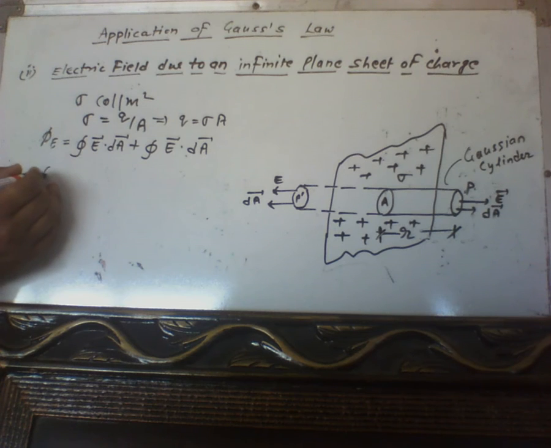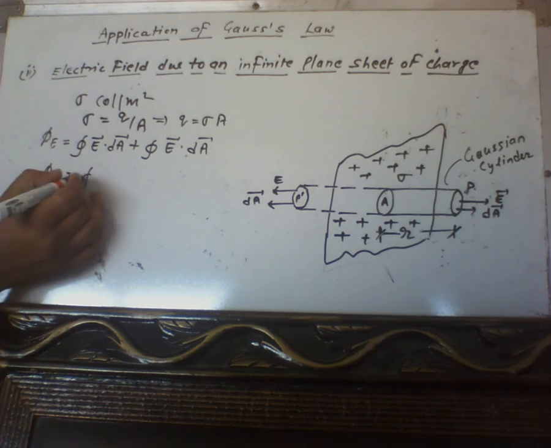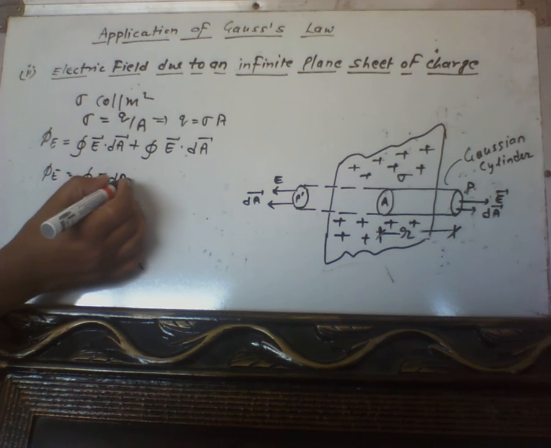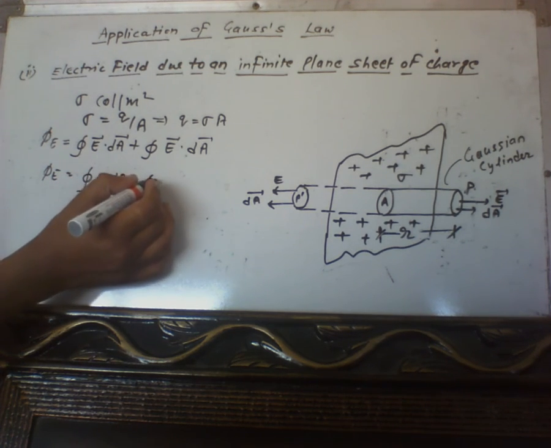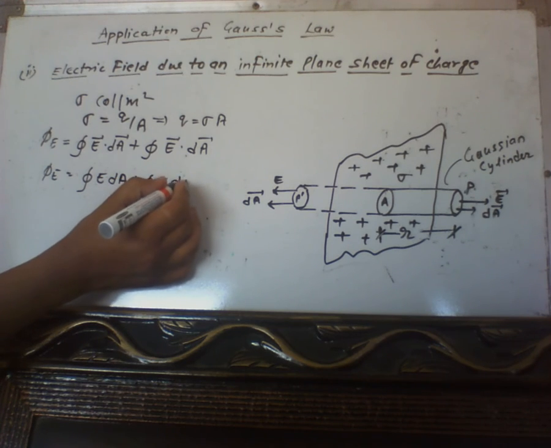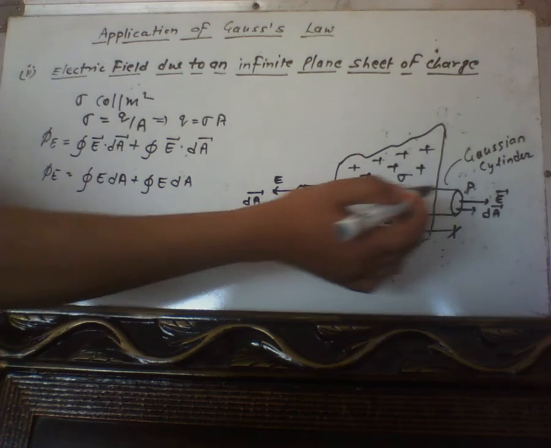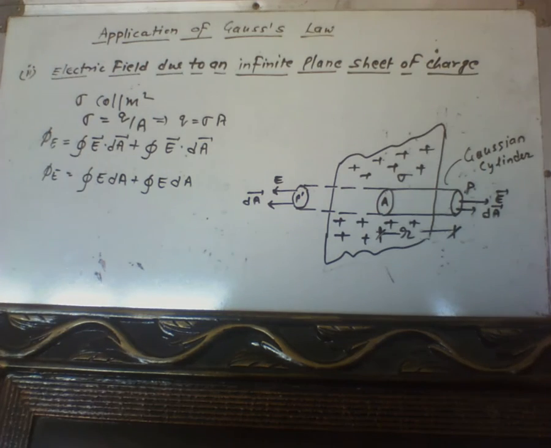so phi E can be written as E dA plus E dA. This is so because the angle between E and dA is 0. Means E and dA are parallel, so the angle between them is 0.